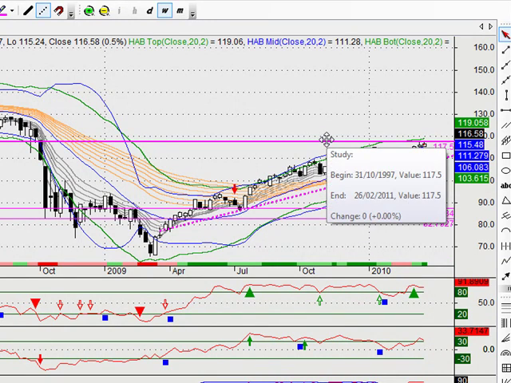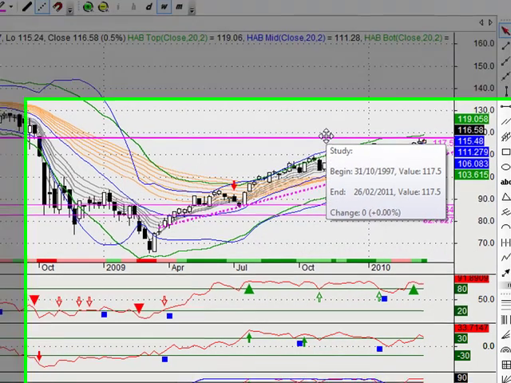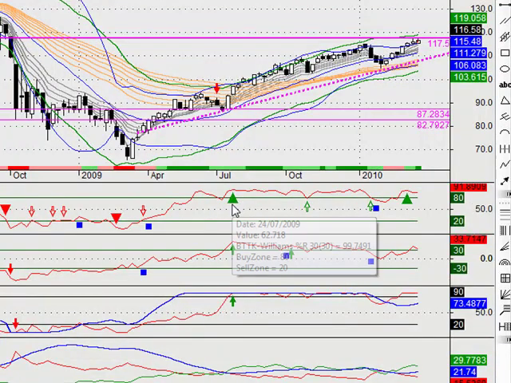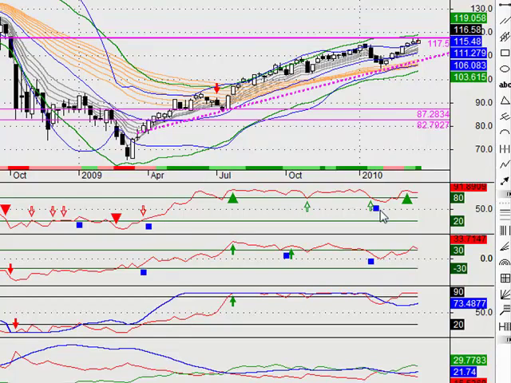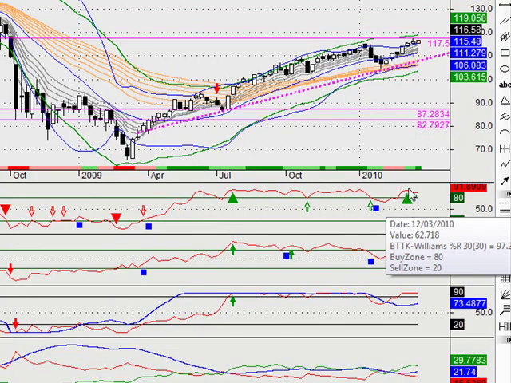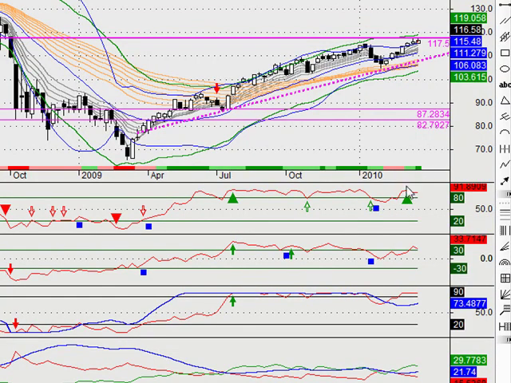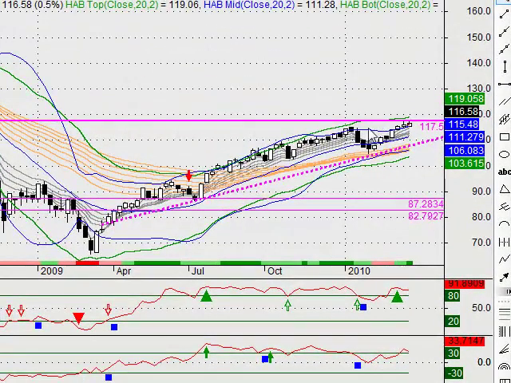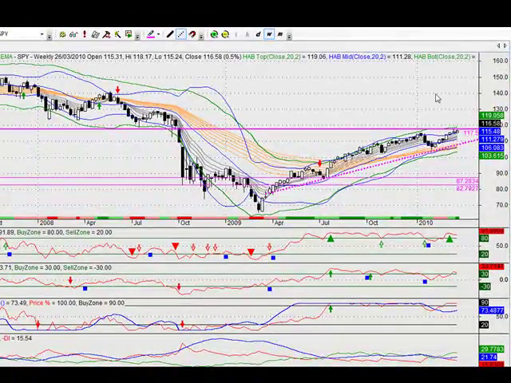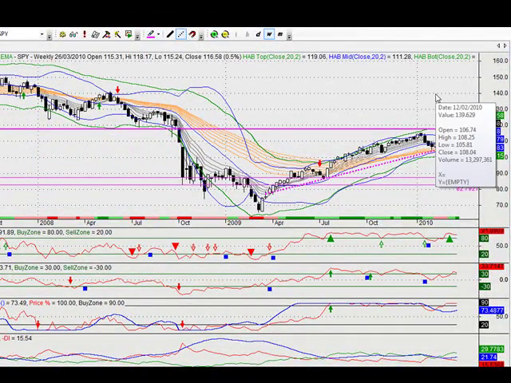Once again, we've got the 117.5 resistance level drawn in, and the overbought oversold indicator has indicated on a weekly time frame that we've had a bullish buy signal from July through to the start of this year, where we had an exit, and then in the last couple of weeks we've had another buy signal. But as you can see, the price is starting to flatten out somewhat, because it's heading into some resistance there.